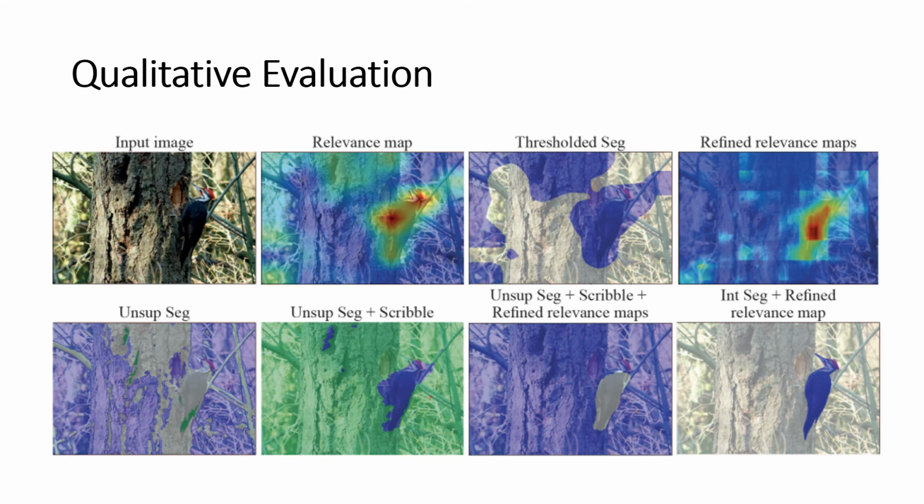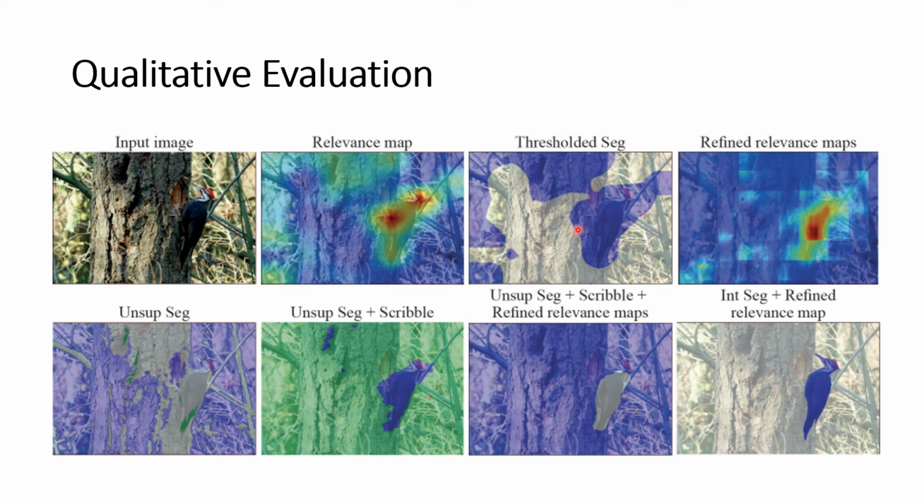Let's see some baselines over a representative example from Pascal-VOC. Here on the top row, left image, we see the input image, an image of a bird. Then we see the relevance map as generated by the transformer explainability method. We see that the bird has high relevance values, but there is some noise on the background.